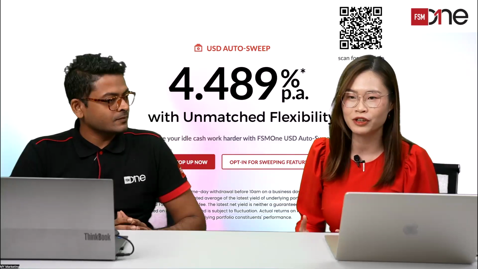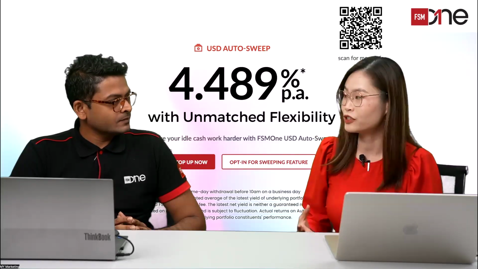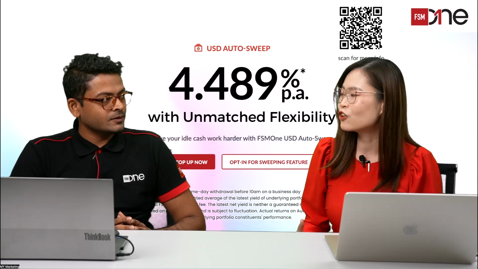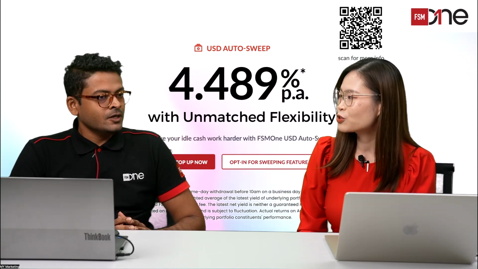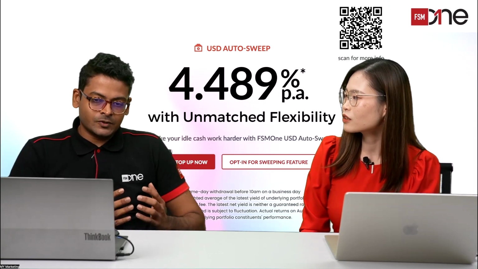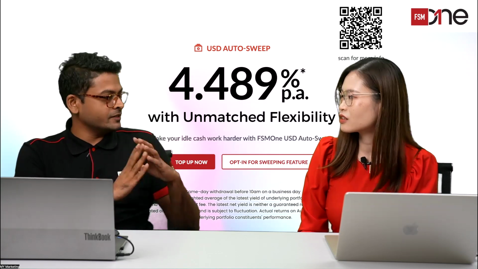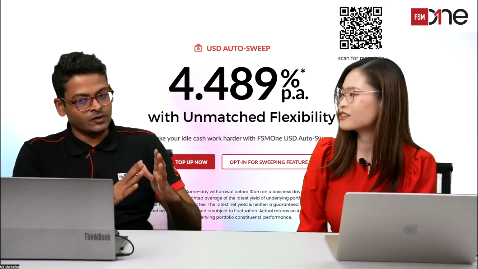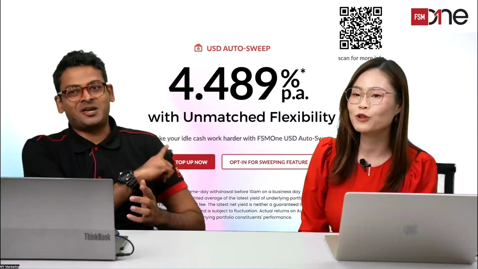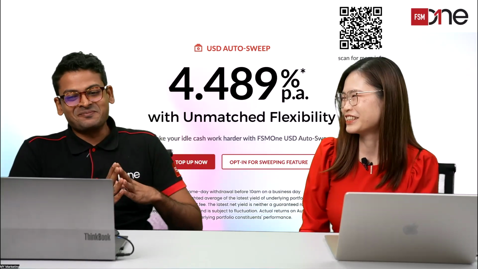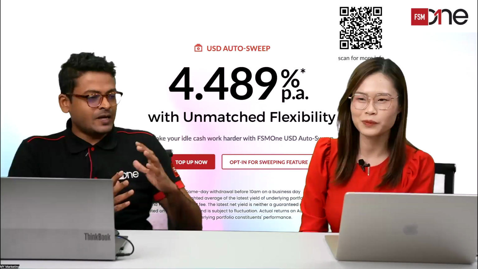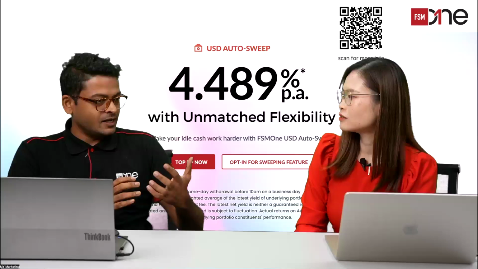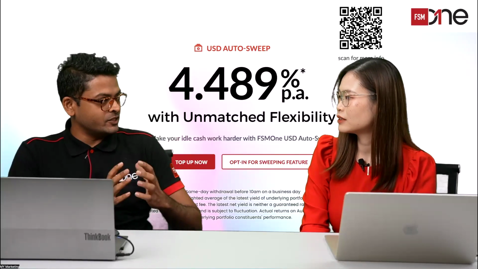So this is the benefit that we will be focusing on. So the cash account is at 1.25% and the Auto-Sweep is giving 4.489% per annum, because the underlying assets and the way it is managed are different.